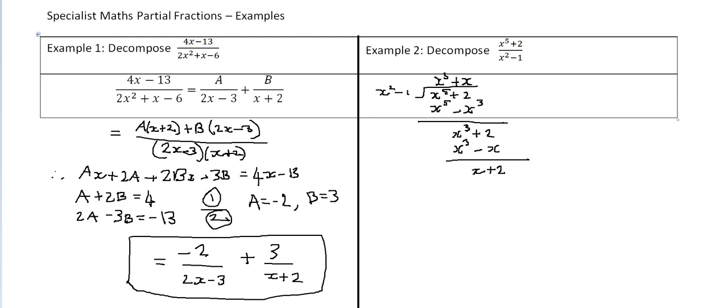So what do we have here? We've actually started to take apart this algebraic fraction into its quotient and remainder. So this can be broken up. There's the quotient there, x cubed plus x. And the remainder is x plus 2, and of course, that is a fraction.